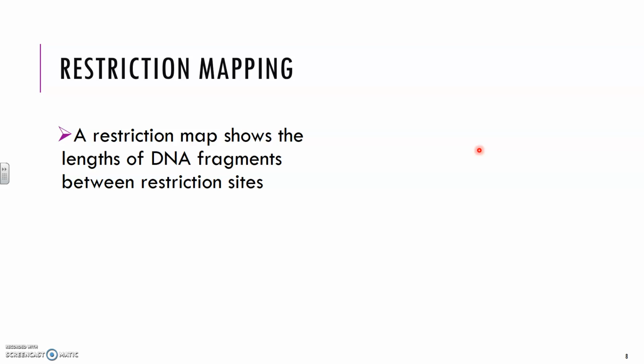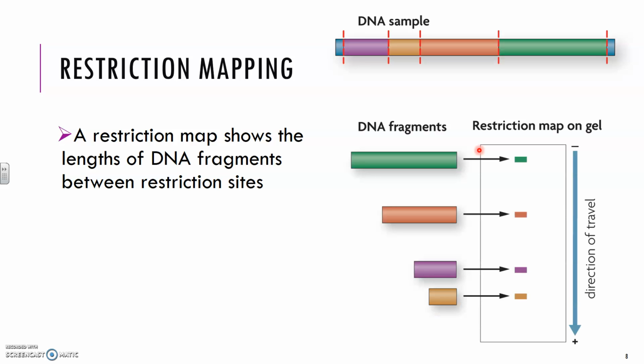So a restriction map shows the lengths of the DNA fragments between the restriction sites. This is an example of a restriction map on a gel electrophoresis. You have your negative end at the top and then the positive end at the bottom. So your DNA started up here and then moved downward towards the positive end.